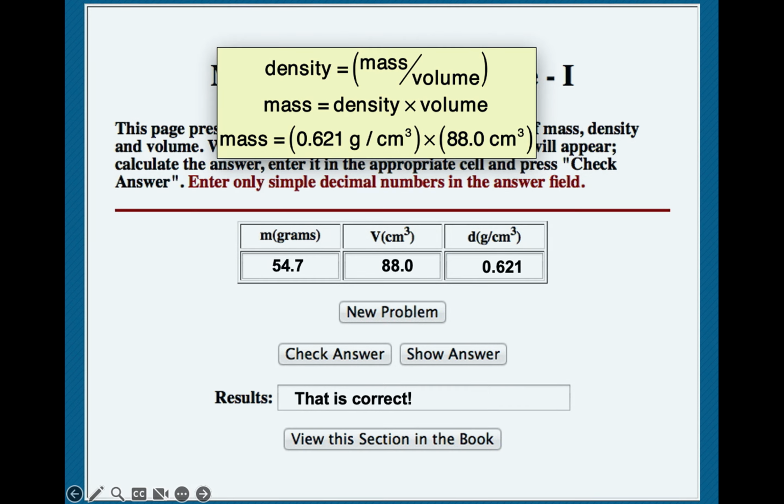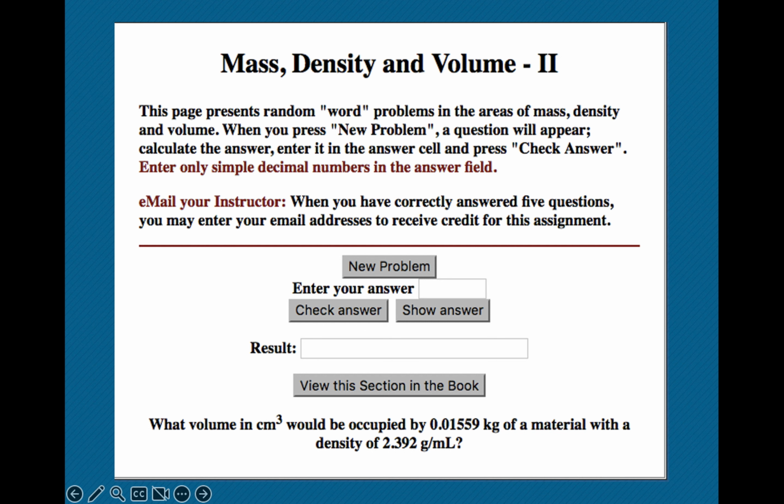Density 2 is the same as density 1, except no table. It's a word problem. And you have to do at least one metric conversion. So, looking for a volume in cubic centimeters. We have a mass in kilograms.